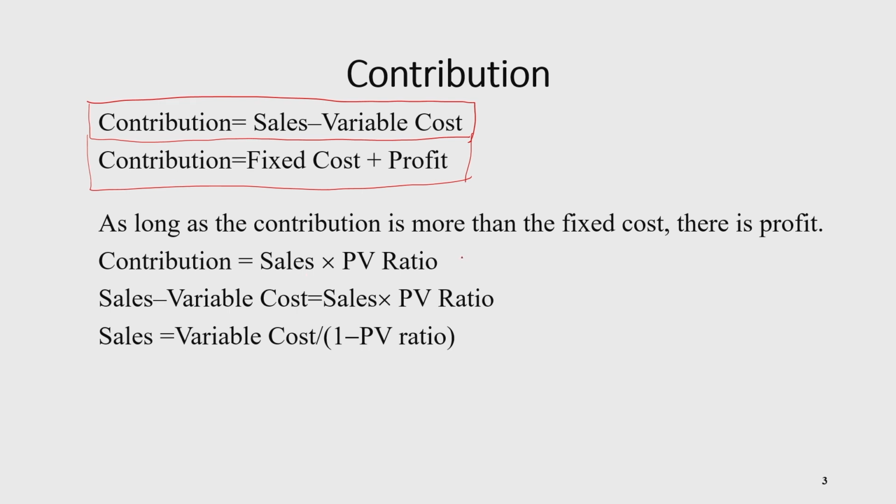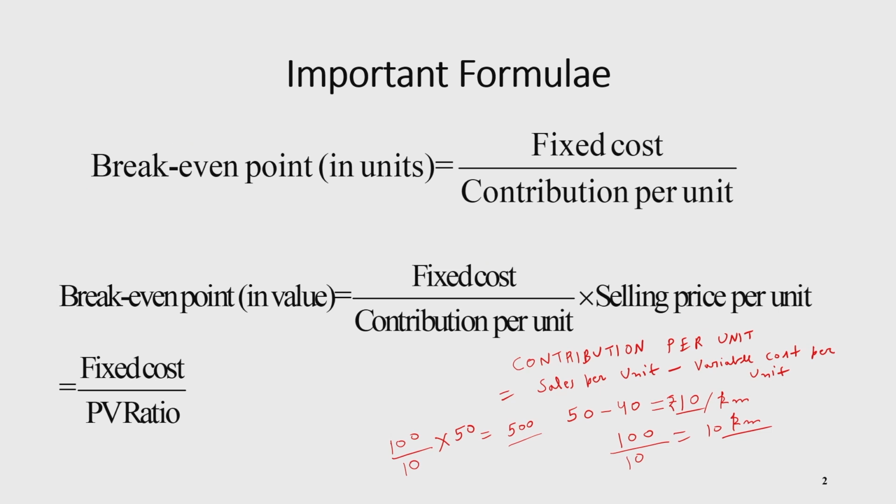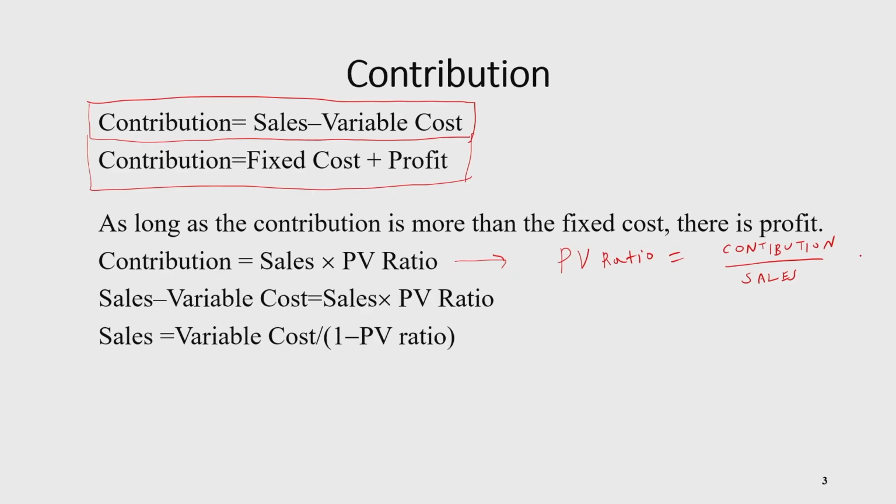So, PV ratio is contribution divided by sales. That will come out as the PV ratio. In the last slide, I showed you that selling price by contribution is 1 by PV ratio, that is why PV ratio has come here. So PV ratio is equal to contribution by sales.